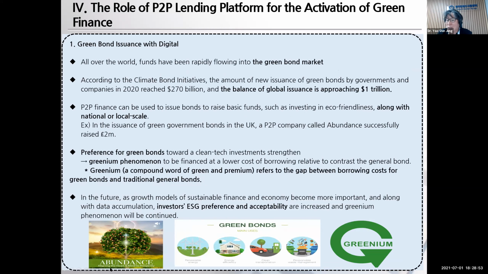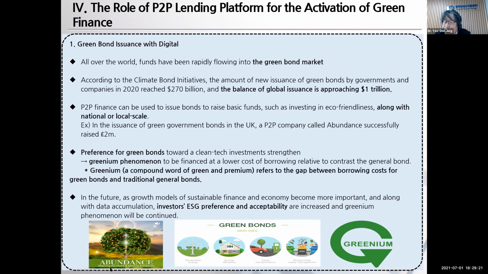The role of a P2P lending platform. First, green bond issuance with digital. As you know, all over the world, funds have been rapidly flowing into the green bond market, which is focused on eco-friendliness. I think a P2P lending platform can play a considerably big role in raising green bonds.